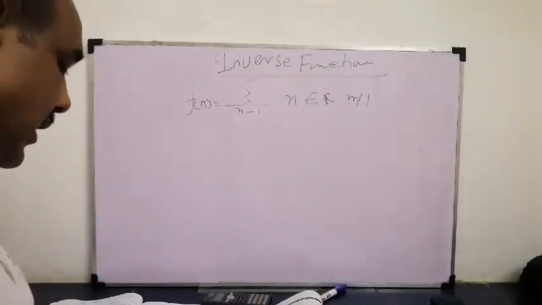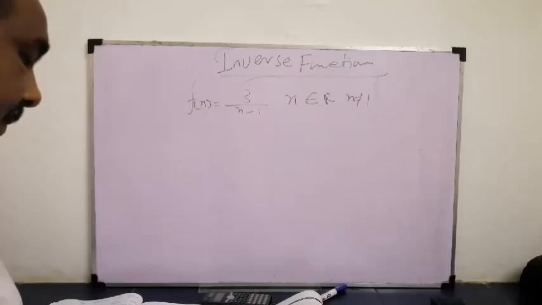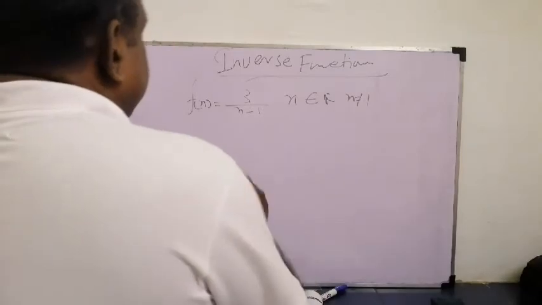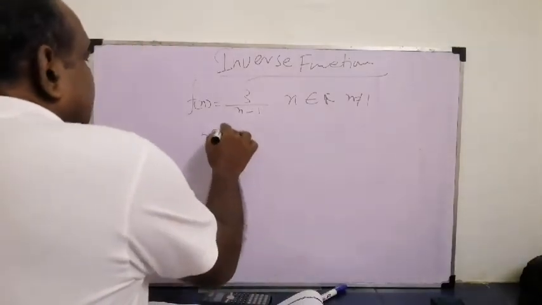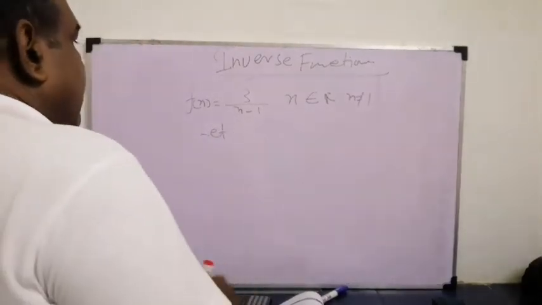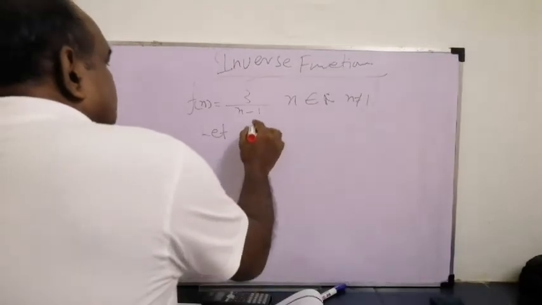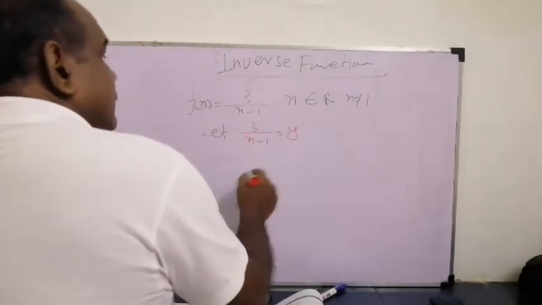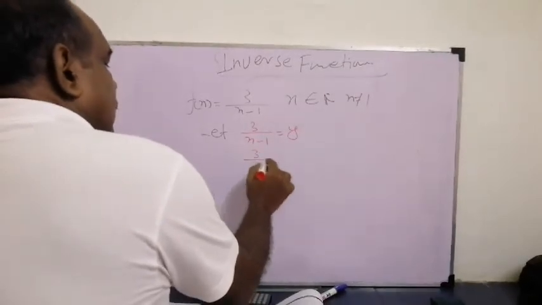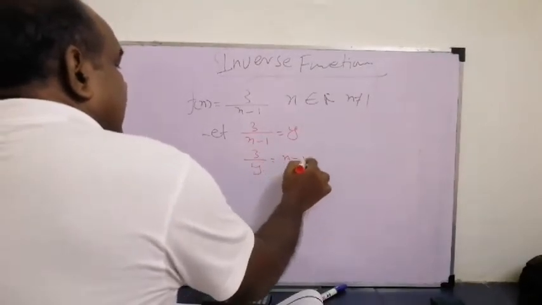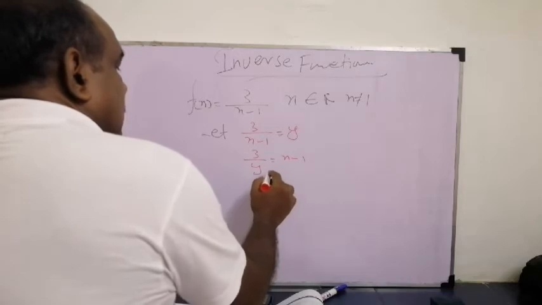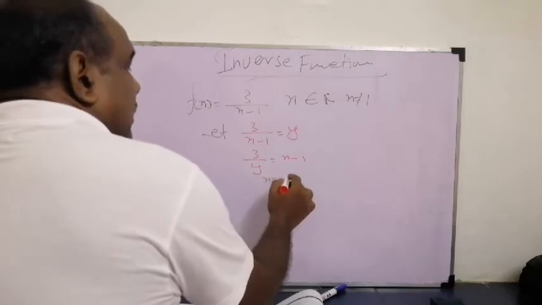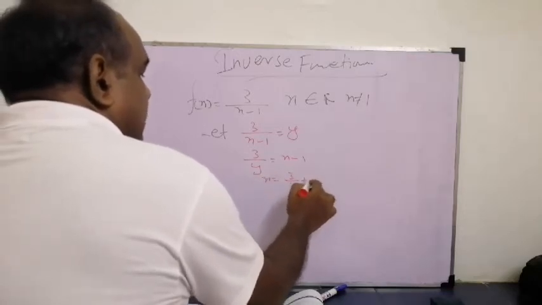We'll see. So what I can do is let 3 over x minus 1 is equal to y. So 3 over y is x minus 1. So x is 3 over y plus 1.